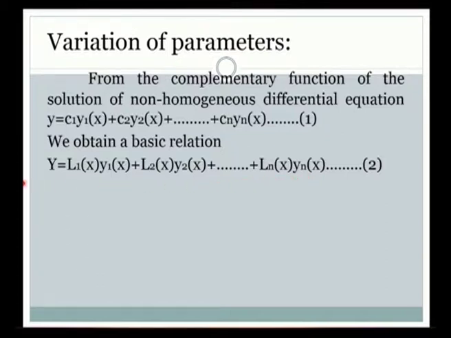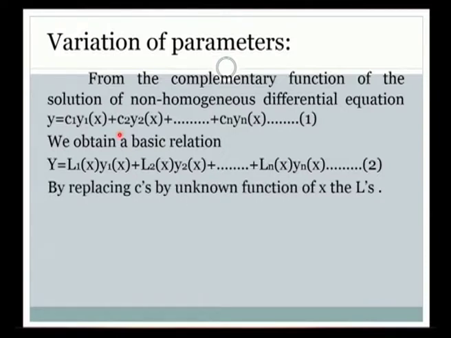This is the basic relation we obtain from the complementary function of the solution of non-homogeneous differential equation. In this, we just replaced the c's by an unknown function of x, the L's. This is what we did in this equation. So, that is we are varying the parameter of the complementary function.